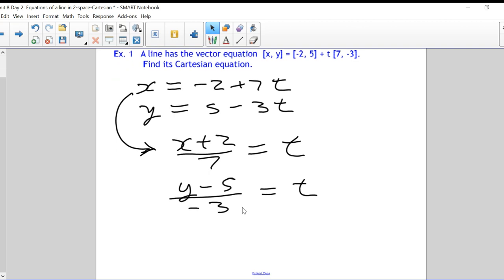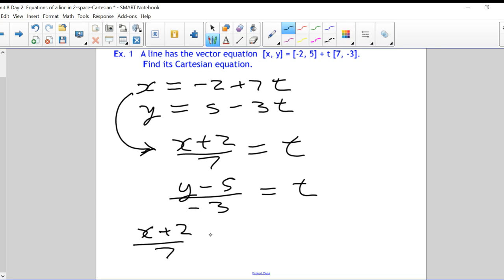Set these two things equal to each other now. So I have x plus 2 over 7. I don't know why I need brackets, actually. That's ridiculous. I don't need brackets. So I have x plus 2 over 7 is equal to y minus 5 over minus 3.